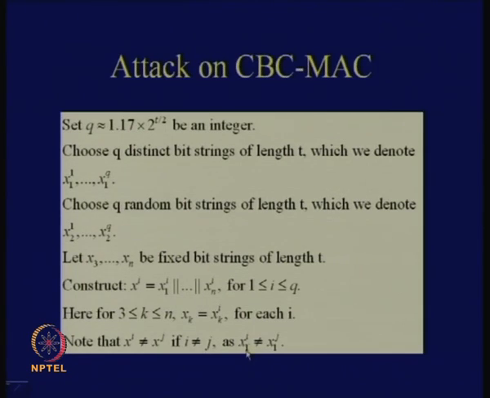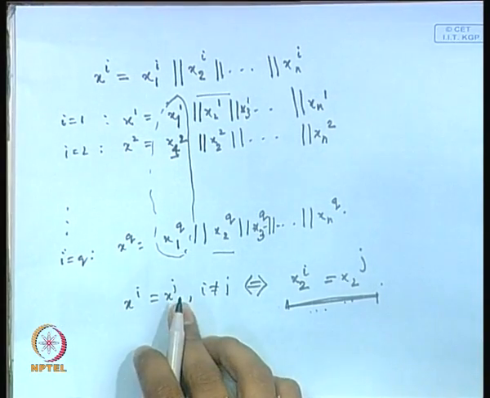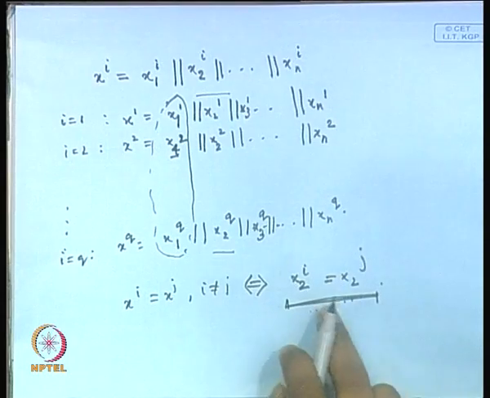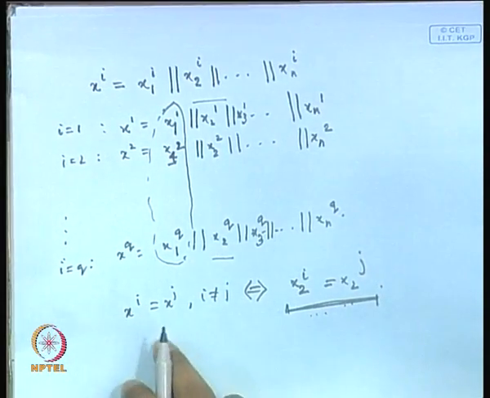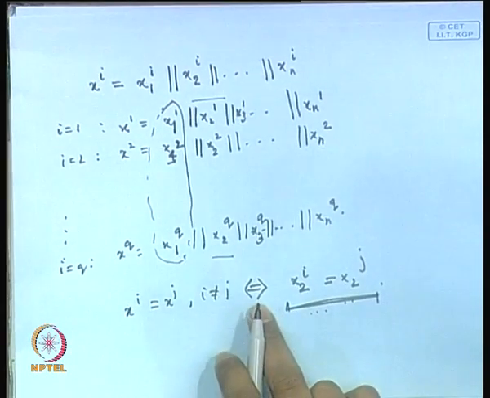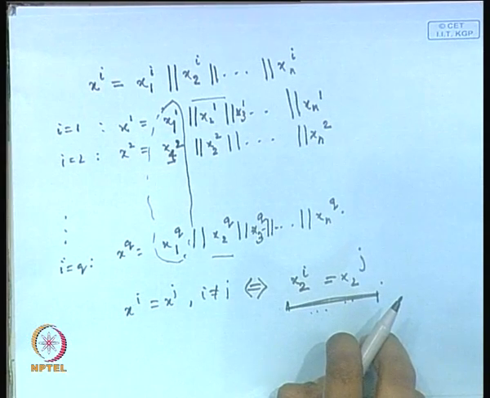So this will be x_2^i not equal to x_2^j. This is what I have written here, and there is a mistake in the written thing. If x_i is equal to x_j, then x_2^i is equal to x_2^j, and if they are not equal to each other, this symbol indicates that x_2^i is not equal to x_2^j.